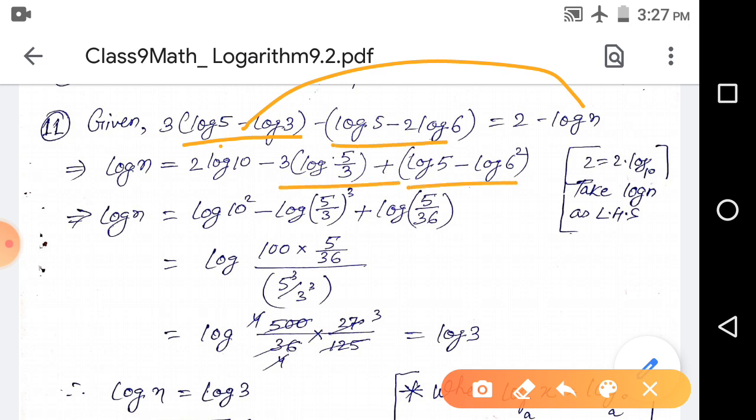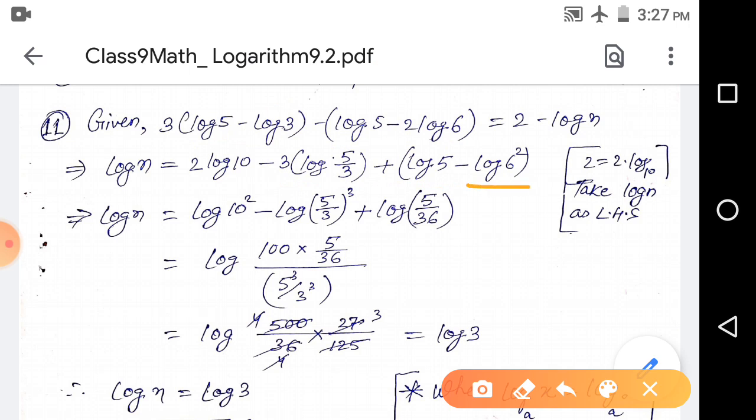For this 2 log 6 we can use the power law: log 6 squared, which is 36. So this becomes log 5 by 36. Now we have the three terms, and we use the product law and quotient law at the same time, along with the power law.